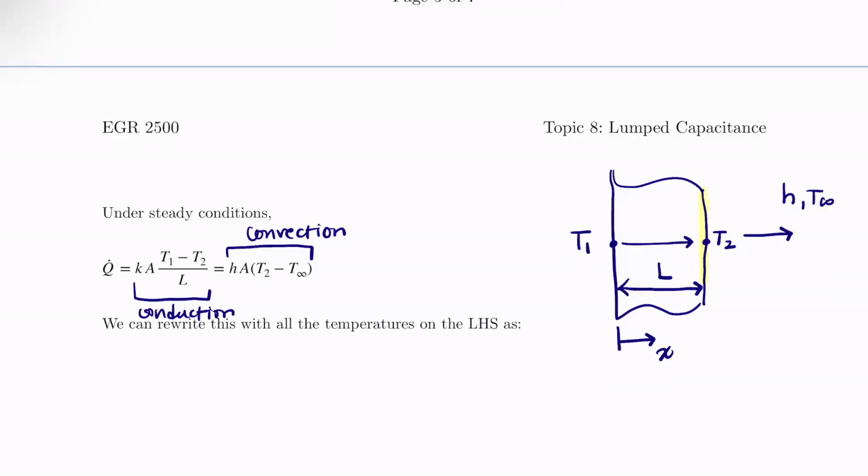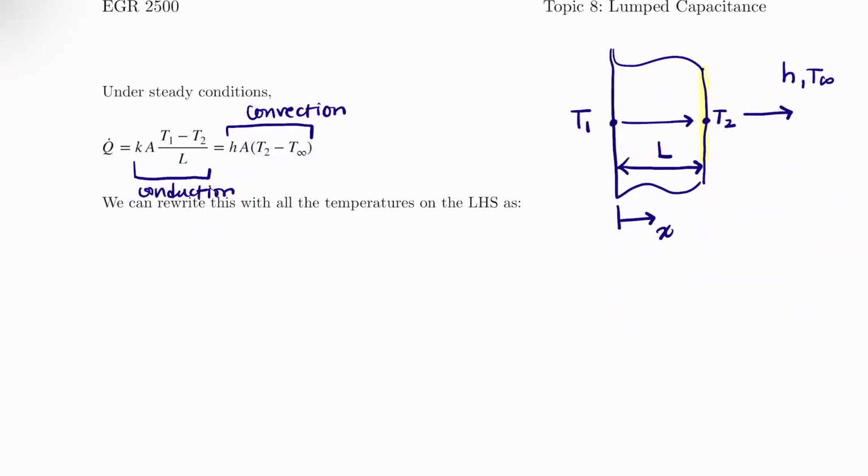Okay, so we can rewrite this with all of the temperatures on the left-hand side. So I'm going to say I have (T1 minus T2) divided by (T2 minus T infinity). And then I'm going to move all of those other material properties and our coefficient of convection on the right-hand side.